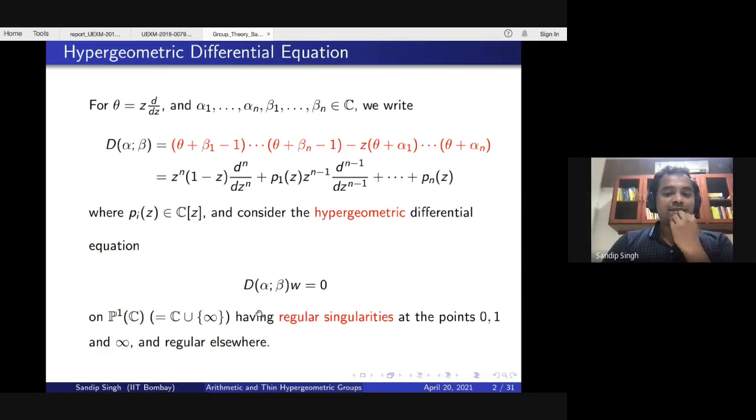And regular singularity basically means the following. Suppose this polynomial is a1 z, and this polynomial p1 z times z to the power n minus 1 is a2 z, and so on. So a point z equal to z naught is said to be a regular singularity for a differential equation if, first of all, that point is a singular point, meaning the highest coefficient polynomial vanishes at z equal to z naught.